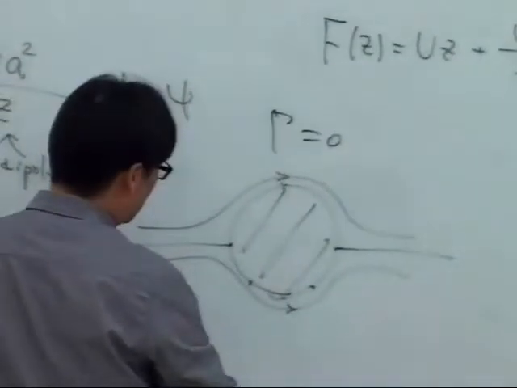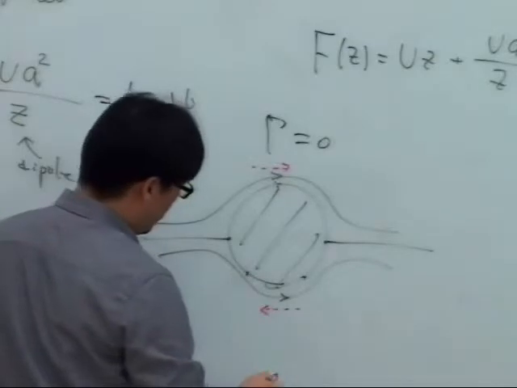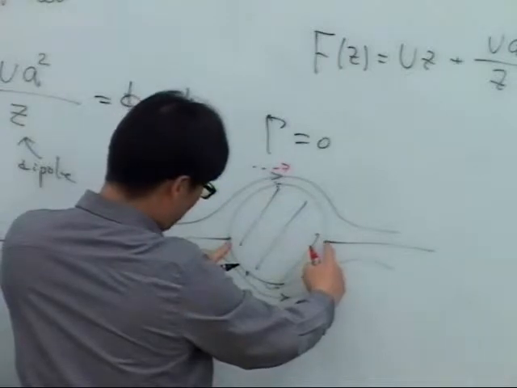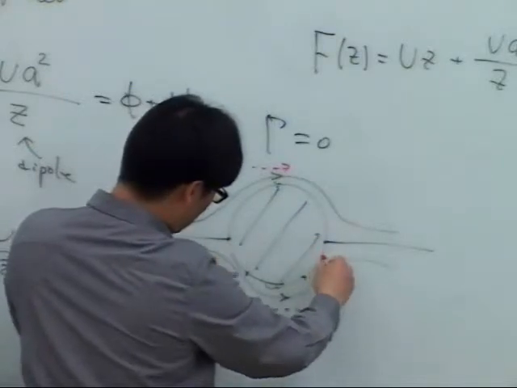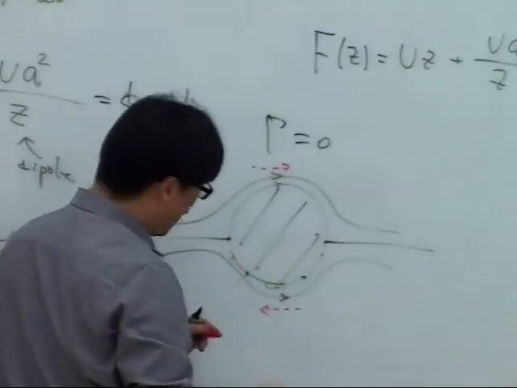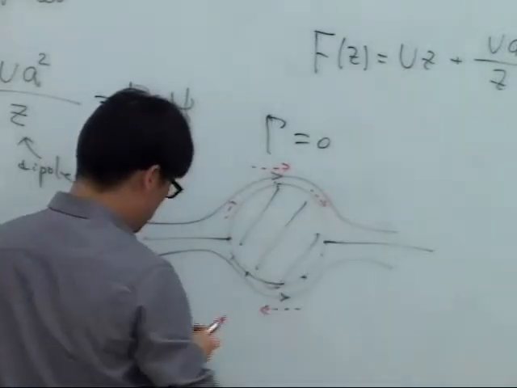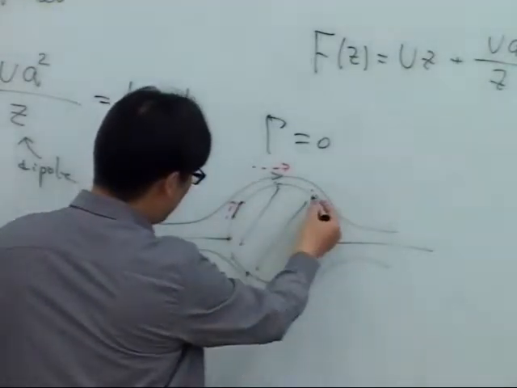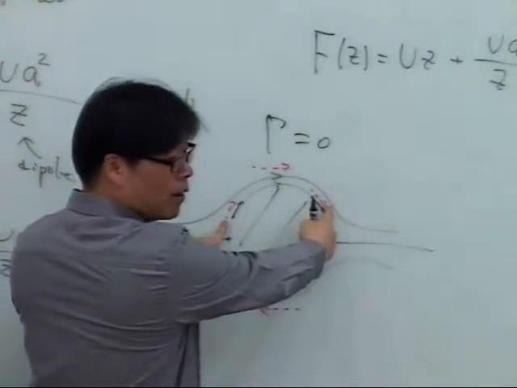When I add the rotation speed, the vortex gives flow like this, and flow like this. If the rotation is 0, then I have two stagnation points here. When I keep adding the rotation, the stagnation points start to move downward. Because here and here, the velocities have the same direction as the velocity generated by the vortex.